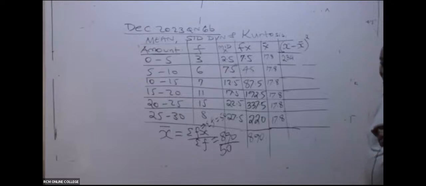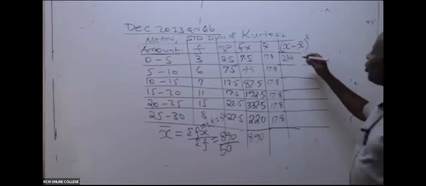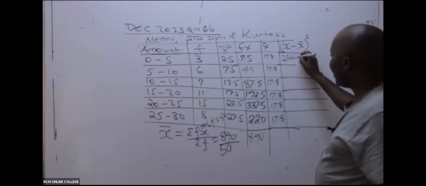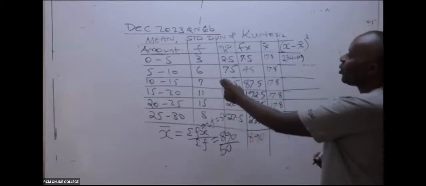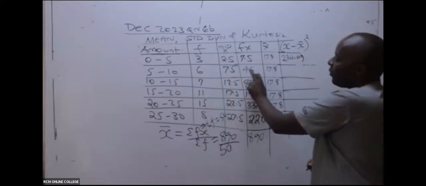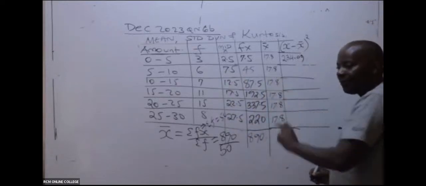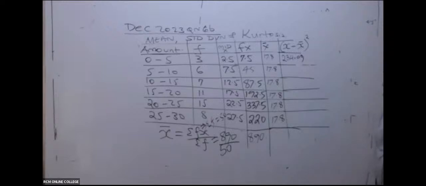Everybody's using their calculator. 234.09. Thank you. Let's go to the second one. So the second one, x is 7.5 minus 17.8. Whatever you get, you square.